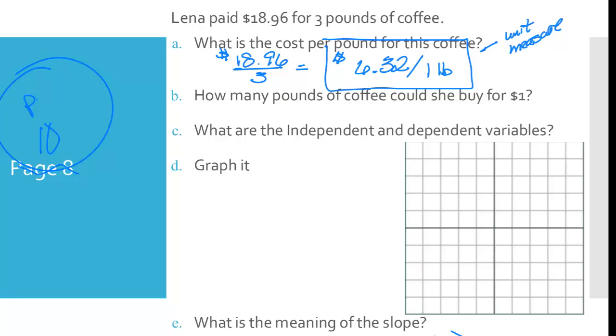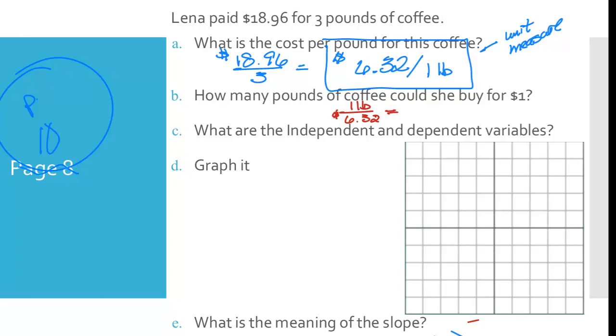All right, letter B. This one's a little bit trickier. Says, how many pounds of coffee can she buy for $1? How would we get that? Okay, $1 divided by 6.32. So I think what she did, we said 1 pound of coffee is $6.32, right?